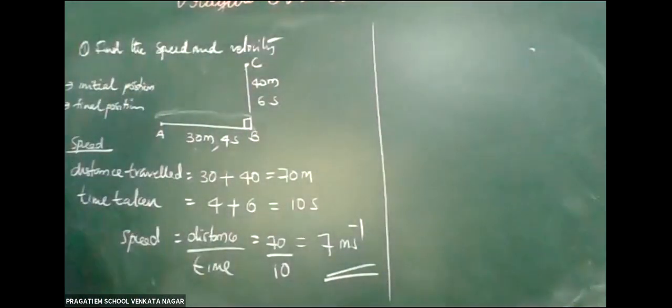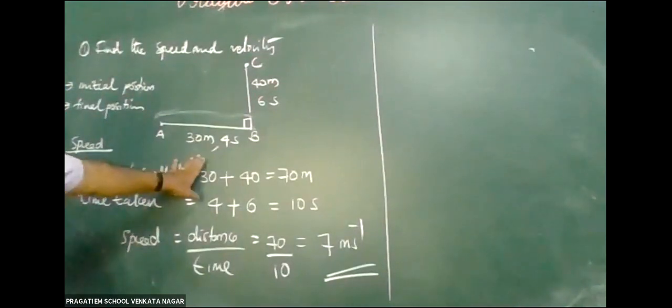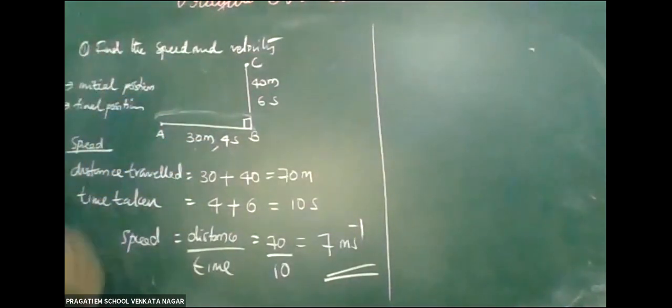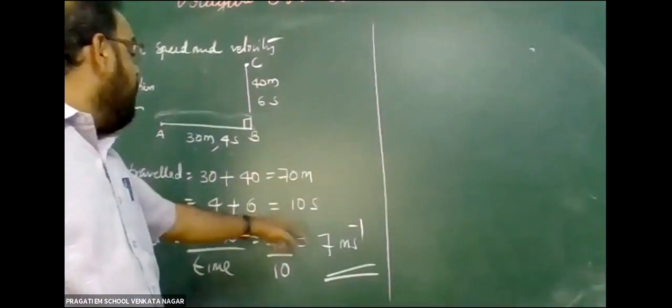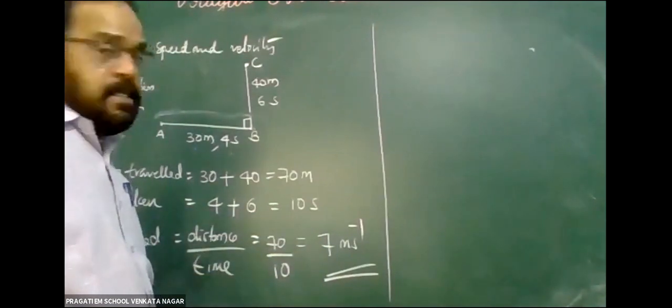To calculate speed, we want total distance traveled, 30 plus 40, 70, and total time 6 plus 4, 10. 70 by 10, 7 meters per second.